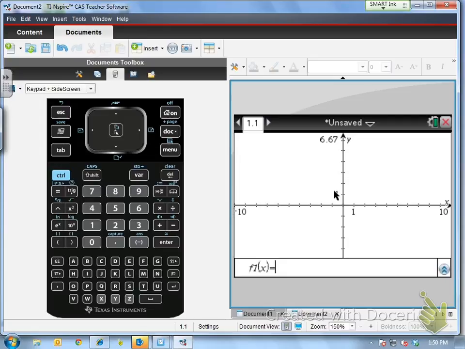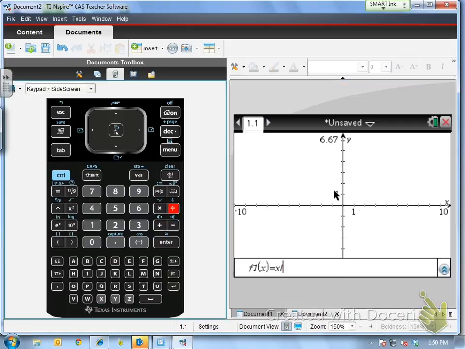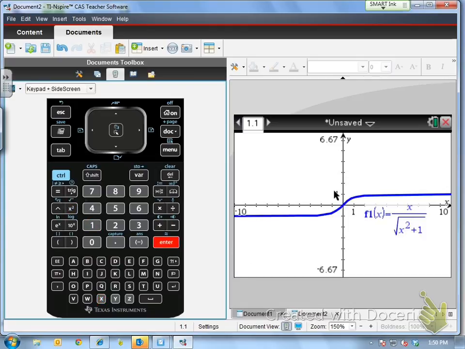Okay, so our function was x divided by the square root of x squared plus 1. So looking at it graphically, what does it look like is happening as we approach infinity or approach negative infinity?